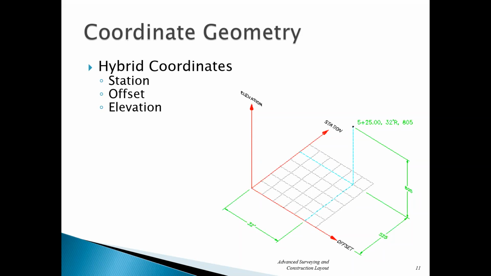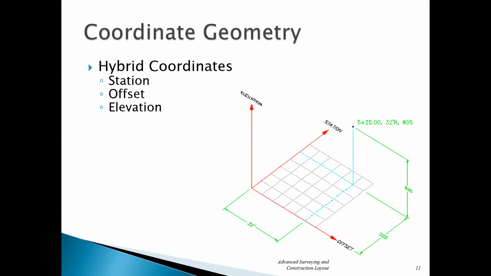And then you have an elevation, which is just above the grid. But instead of calling them latitude and departure or X and Y, we call it station and offset. But there is a little bit of a wrinkle to this. It works as long as your alignment is straight, but it doesn't work across the board 100%.